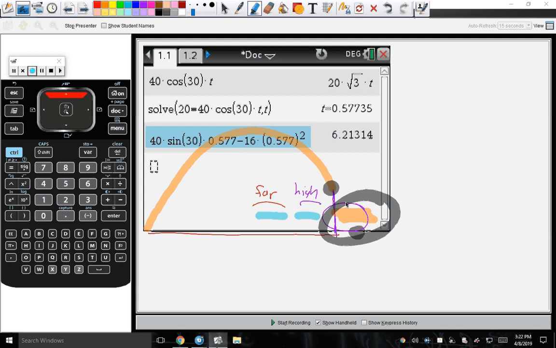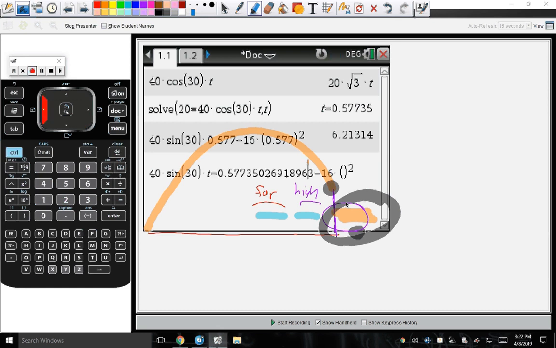And as far as the way I did that 0.577, what I could have done is just copy and paste. So I can go up there. Let me Control C. It's just that T that I have there. I needed to take it out. And then Control V. Do you see how I'm doing this, guys? And then just taking out that T, because otherwise it's going to jack it up.